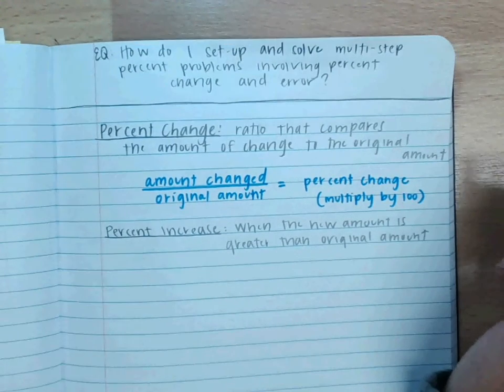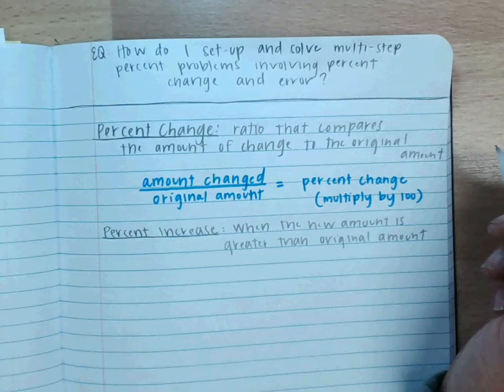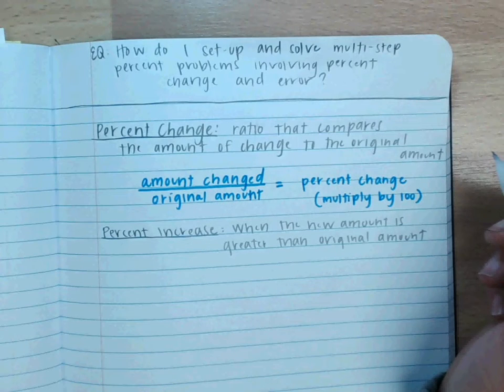Okay, so my example about the library books, that's a percent increase because we were donated books, and so that went up.